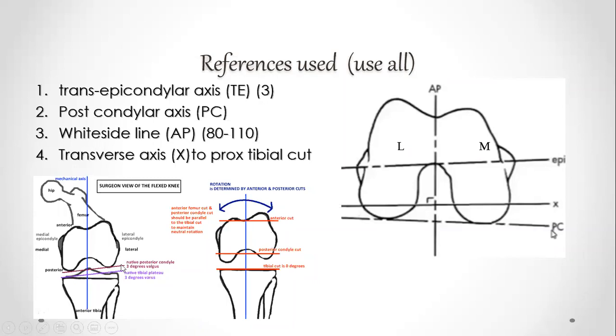So they are parallel, but they will be misconfigured, not rectangular. So in order to make a rectangular space between the posterior condylar cut and the proximal tibial cut, there must be external rotation of the femoral component in relation to the trans-epicondylar axis.